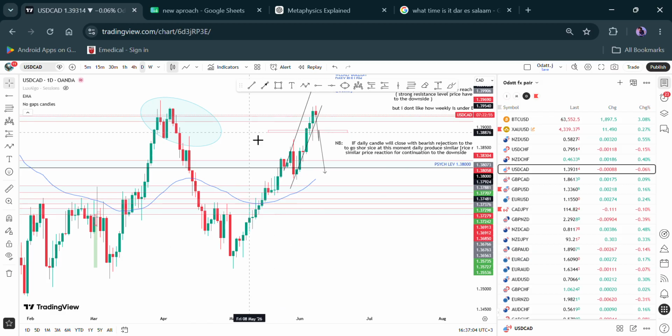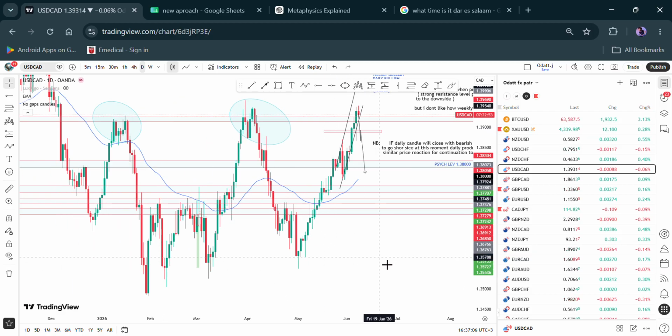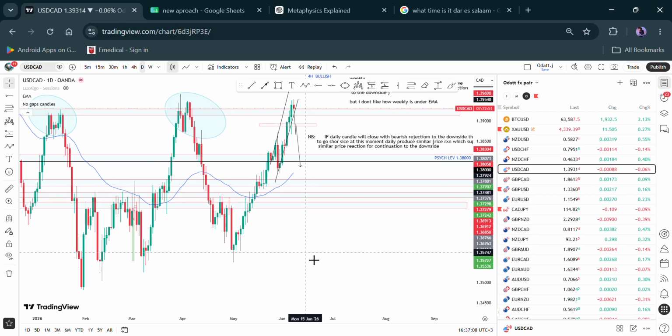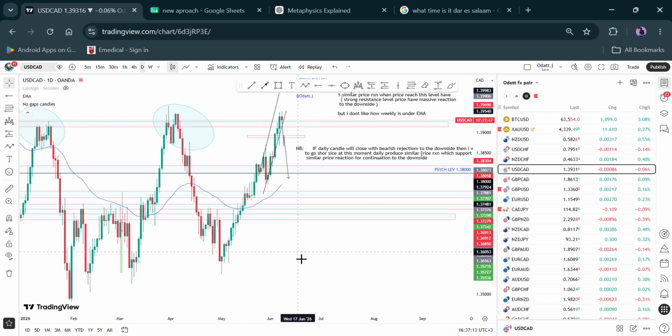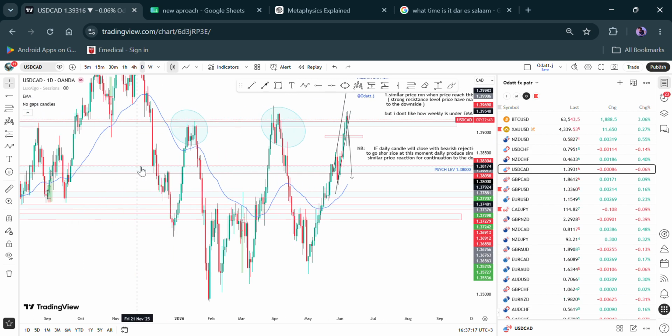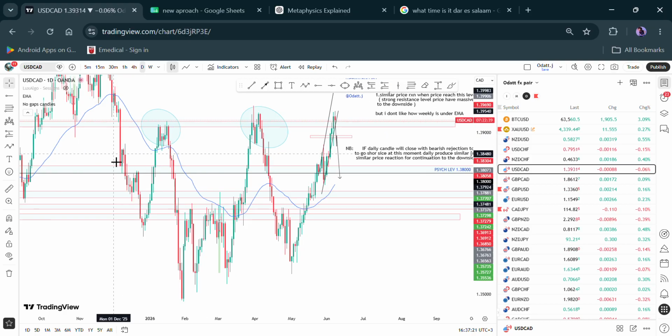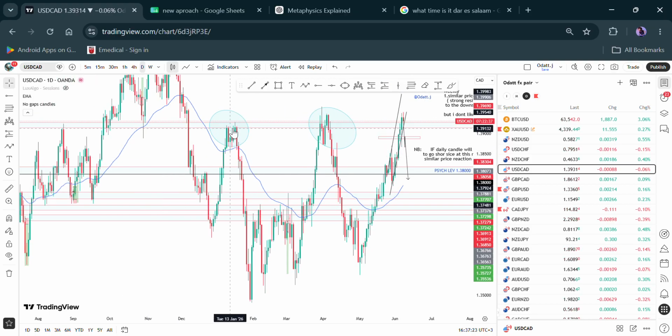On NZD CAD, I was also looking for two pieces of information around here. As you can see, this is the daily time frame. Whenever we reach this resistance level over here, we have doji rejection to the downside, a bearish rejection candlestick.